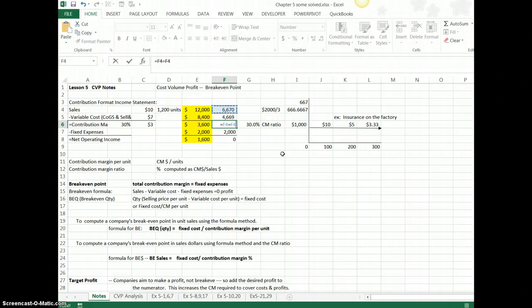I'm going to subtract the 2. And so you see, because of the rounding, I'm going to come up with $1 of profit because I can't make a part of a unit. Had I made 666.6667 units, it would have come out perfect. So in essence, I can use this contribution margin income statement to work my way backwards to figure out what my break-even point is.